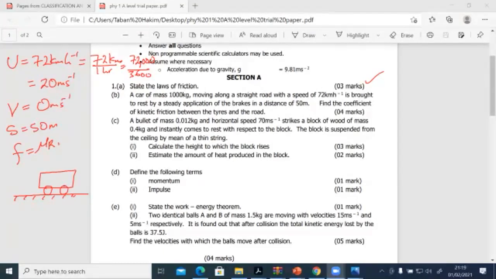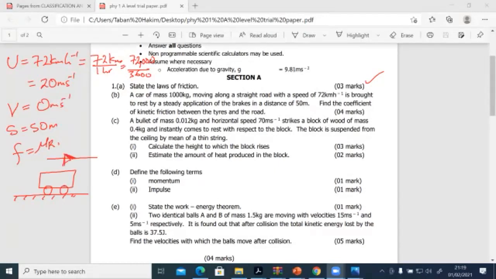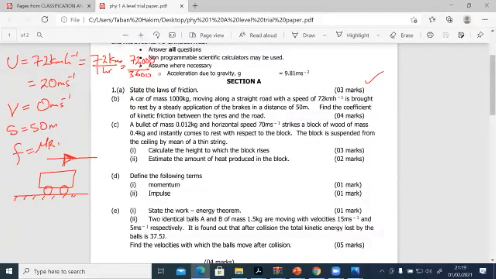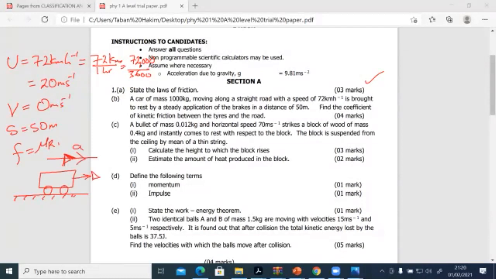So, how do you find it? If the body is going in this direction, it means this way we have the driving force, and then backward we have the frictional force.